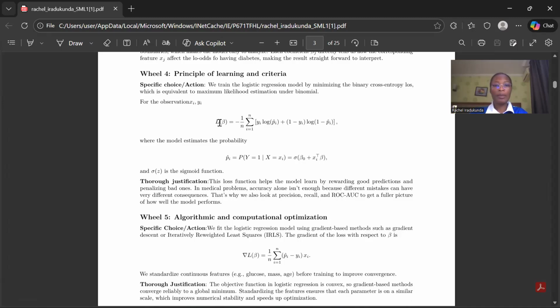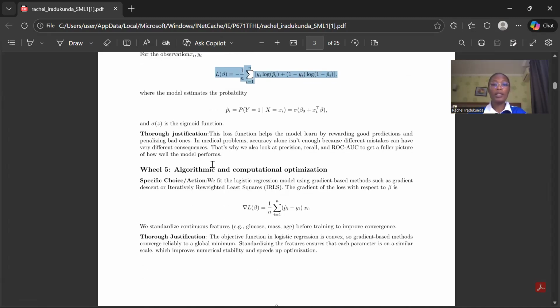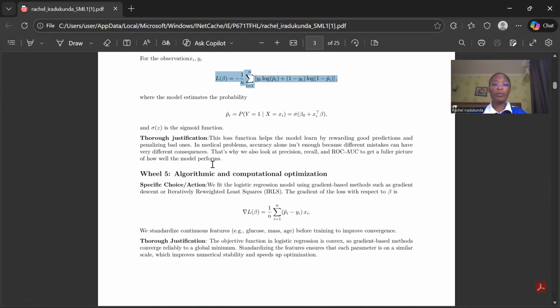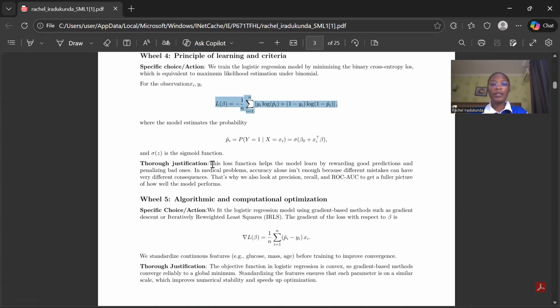This is the maximum likelihood method we applied. It helps to show the model by showing the good prediction, whether it's good or not. And also we can compare models by using ROC or AUC.